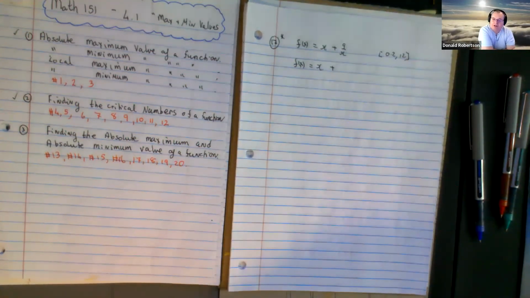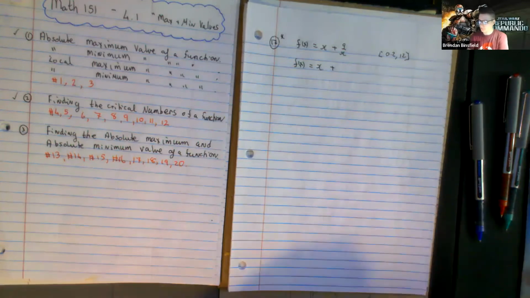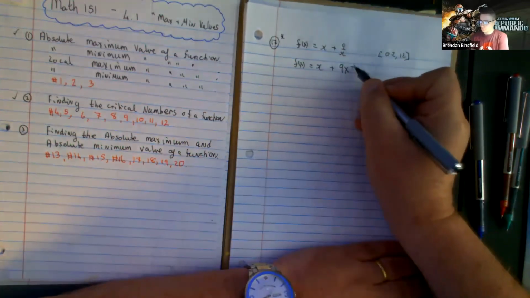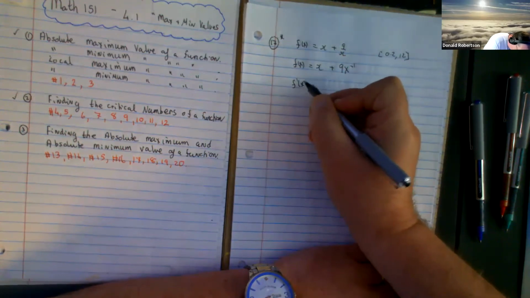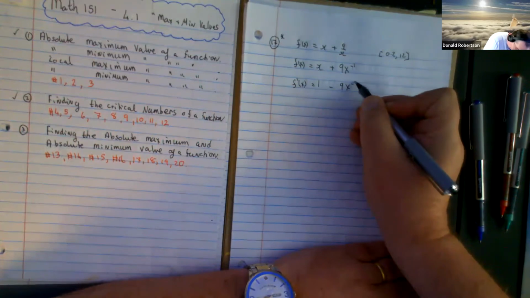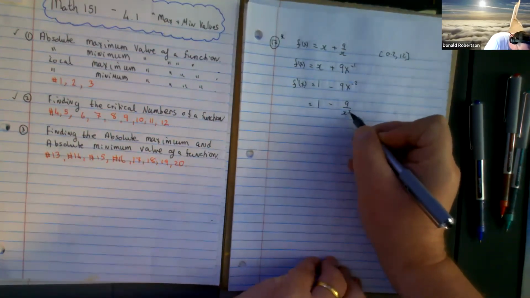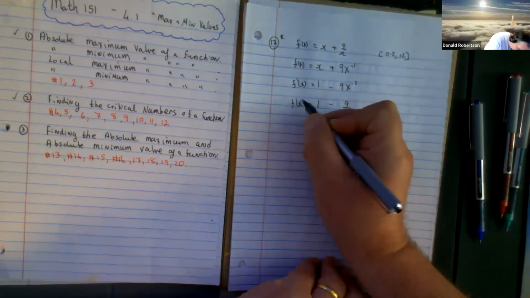How will I rewrite 9 over x? x to the -1. Correct. Now, differentiation is not too bad. That one is 1. Multiply by the power, reduce it by 1, and then some style points, nothing too bad. There's step one done.